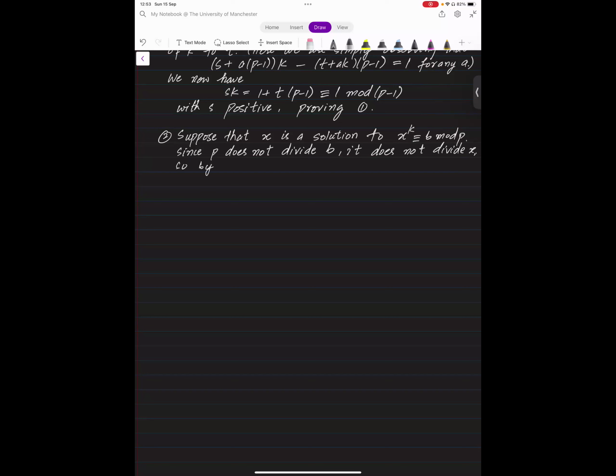So by Fermat's little theorem, we have x power p minus 1 is congruent to 1 mod p.